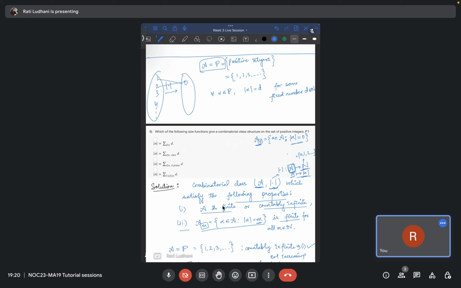All of them have size d. I took d here. So all the elements are mapping to d.